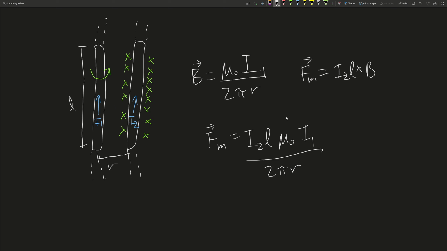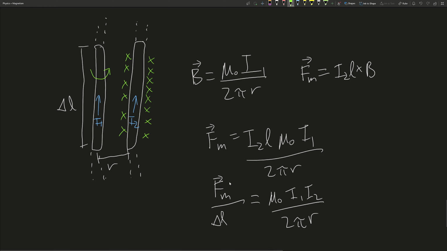And if we rearrange this a bit, we get the force per length of this wire, so the force over the length, if we add a delta here, the force per delta L is going to be equal to mu naught I1 I2 over 2 pi r.